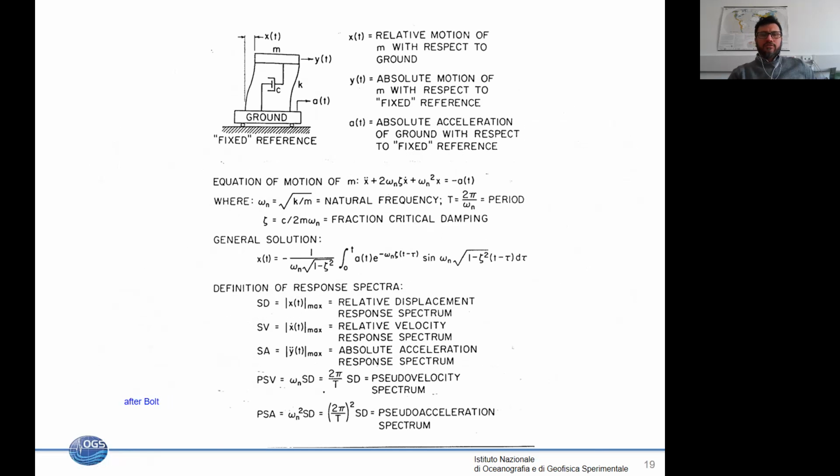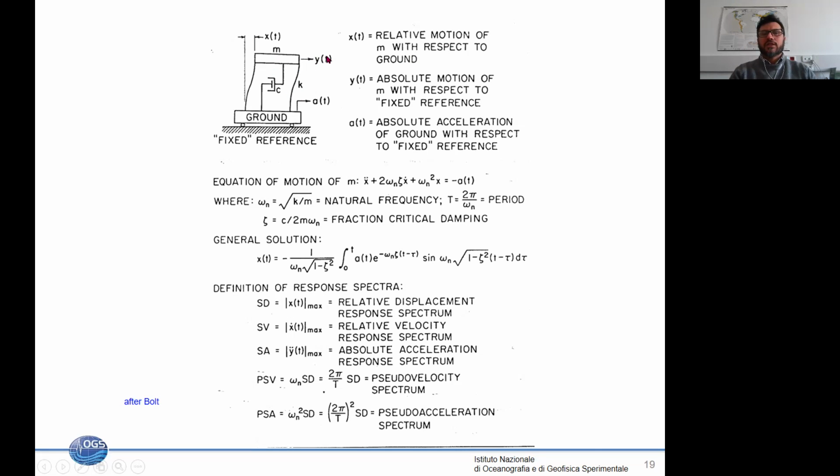So generally, the idea behind this is that we have a single degree of freedom oscillator with a dashpot, with a certain damping, with a certain mass, and we can describe the motion both of x of t, which is the relative motion of the mass with respect to the ground.